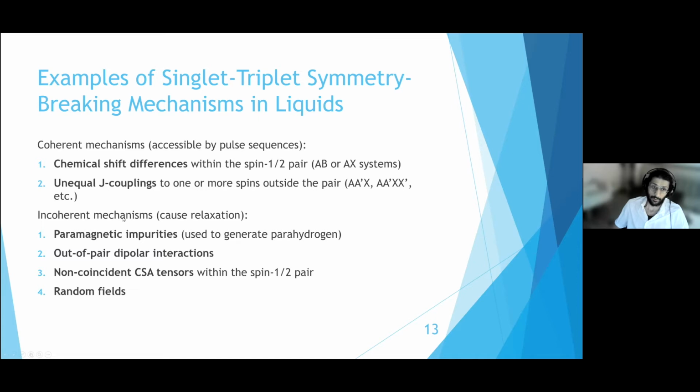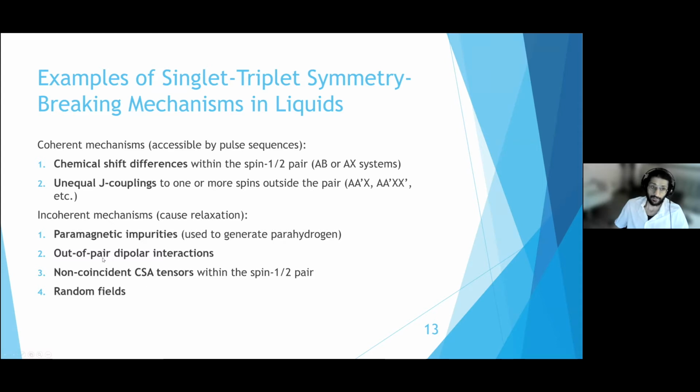And as for the incoherent mechanisms, usually there's not much you can do about these. They're just inherent relaxation properties. You have out-of-pair dipolar interactions from all of the other spins, both in the molecular spin system and in the spin ensemble. You can have non-coincident CSA tensors, and this was also well known since the 90s in solid-state NMR, that these could induce singlet-triplet transitions.